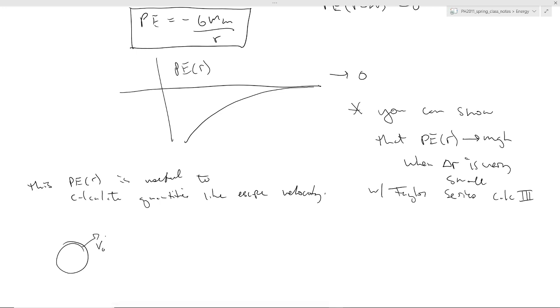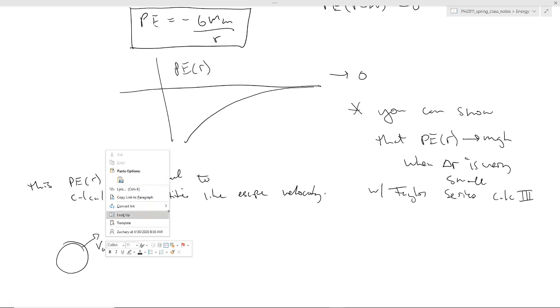Granted, we're not accounting for air resistance, so that's a big caveat. It would work for the moon better, say. If you don't have any atmosphere, this calculation would tell you how fast you would need to be going to just escape the gravity. And it's an application of energy conservation.